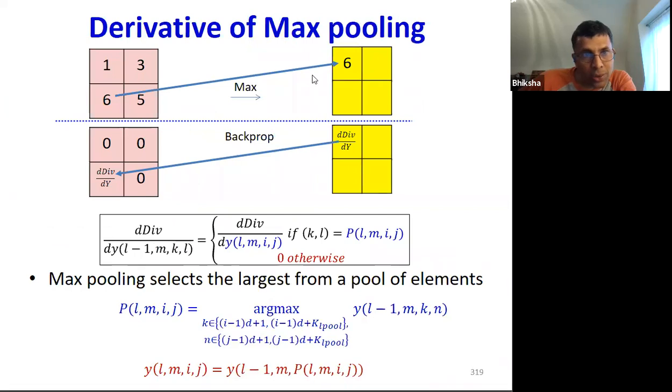So if 6 is the only one that contributed to the output, coming backwards, I've already got the derivatives for all of these locations, right? I just need to copy the derivative for this one pooled guy out to the location of the max and plug in zeros elsewhere. So this is the derivative going backwards for max pooling.